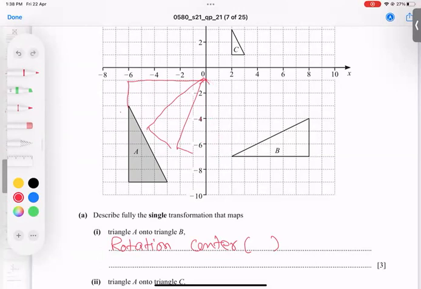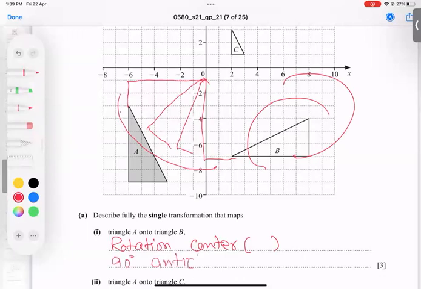Yeah, 6 and 2. So it means I'm rotating this way, and this is called clockwise, this is called anti-clockwise. So rotation, center, this one, 90-degree anti-clockwise, and the center is x becomes 0 and y becomes -1.